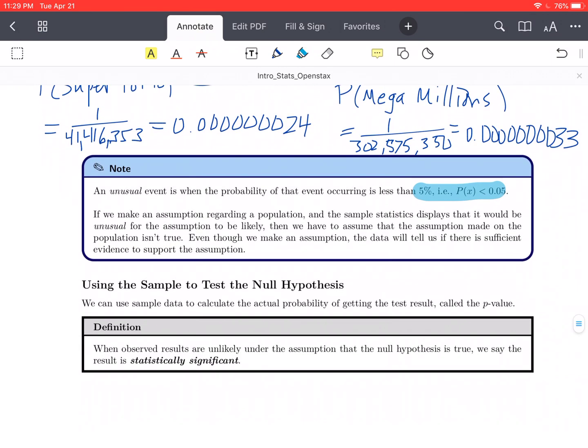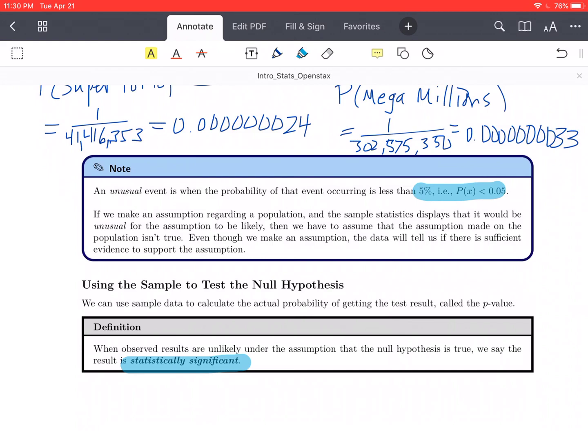When we look at observed results, and these are unlikely under the assumption that the null hypothesis is true, we say that this result is statistically significant. If we have our null hypothesis, and we say I'm assuming that this is just the way it is, we're going to assume that that's true. And then we run our test, and our observed results give us something that's very, very unlikely to occur.